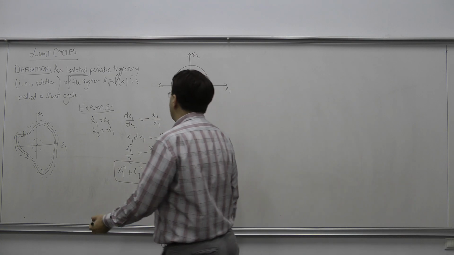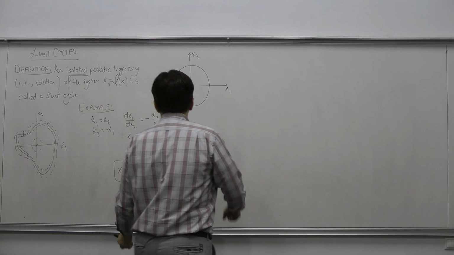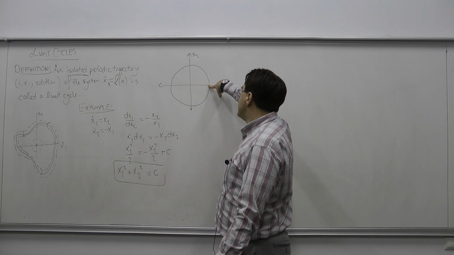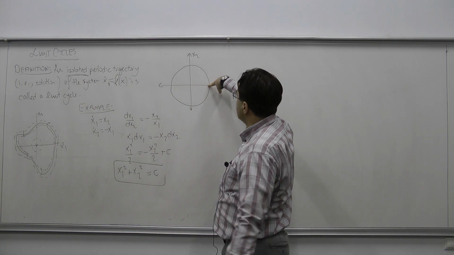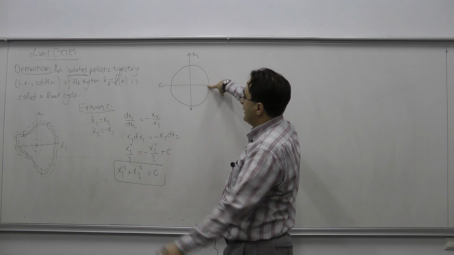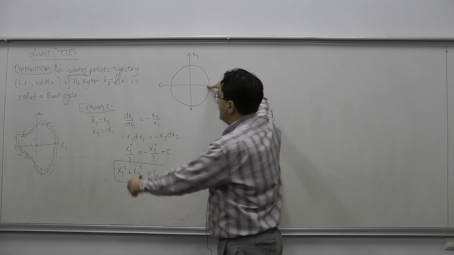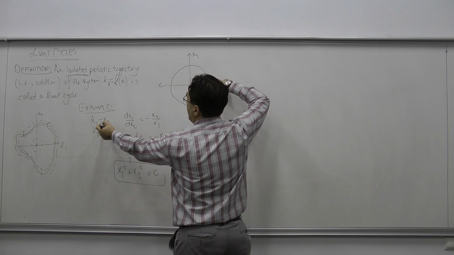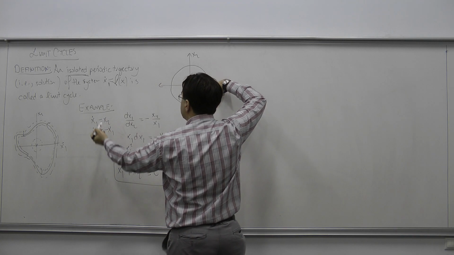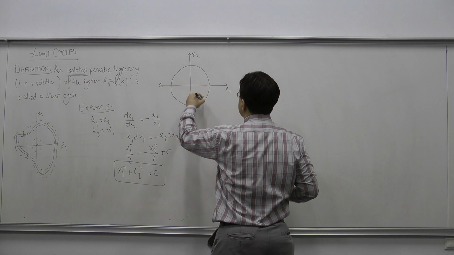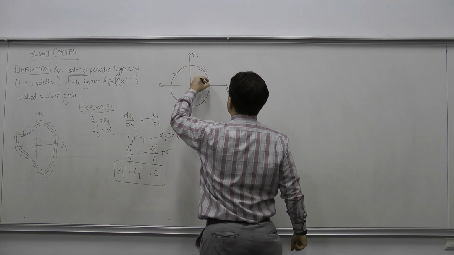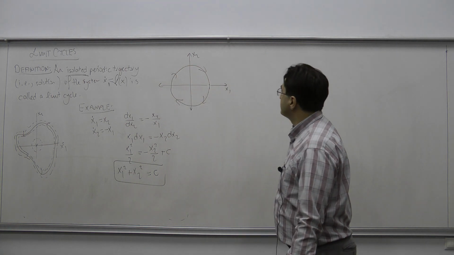In that case, I would just look at this point. Then x1 is positive and x2 is 0. So x1 dot is 0, x2 dot is equal to, let us say, a negative quantity. That means that this is going to rotate like this.